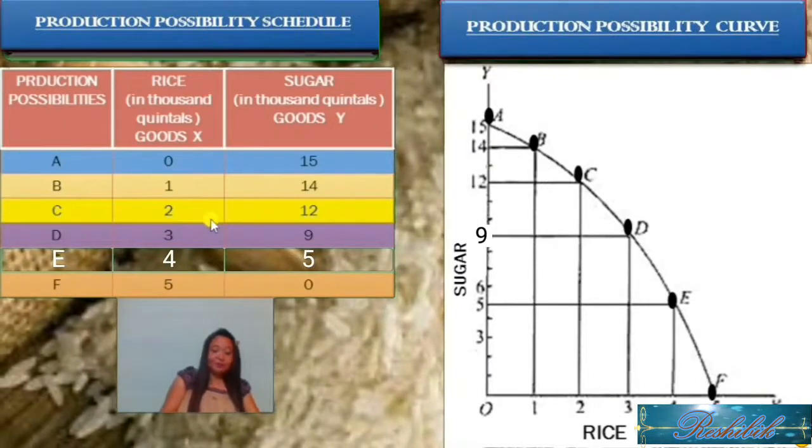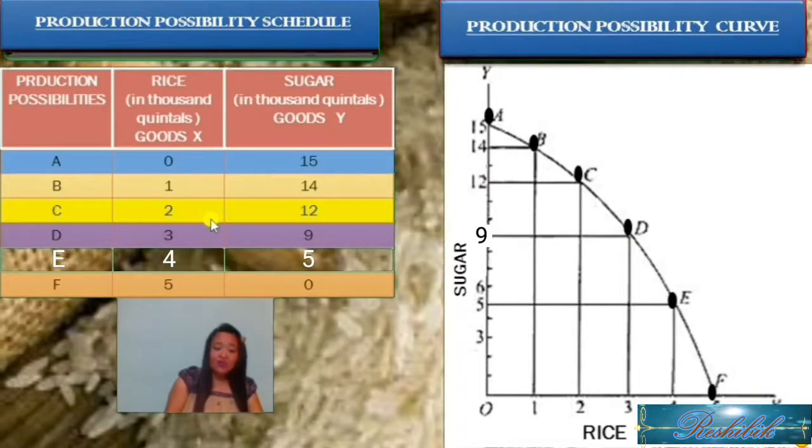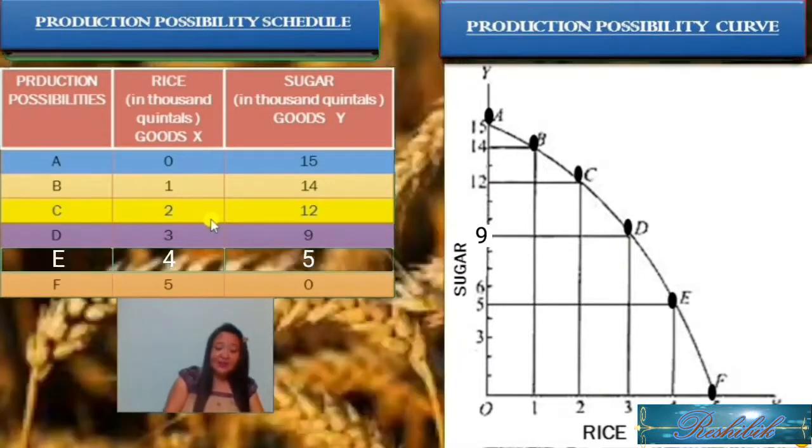So what did we observe in this schedule? We observed that an increase in the production of one product leads to a decrease in the production of another product, isn't it?